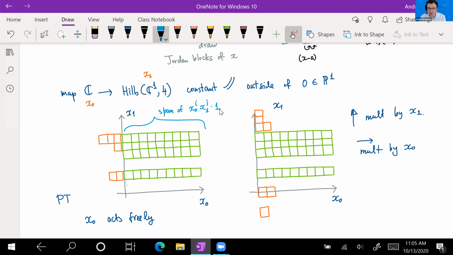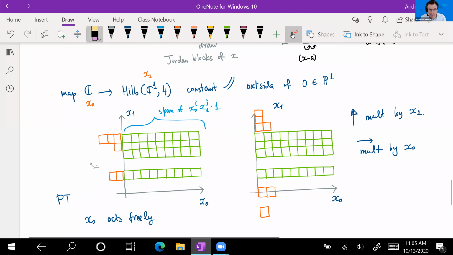And in principle, there could be some part of my sheaf which I failed to generate, and these are the singularity. So you can think of this as something: my actual sheaf contains some negative powers of the variable x0 as a module.